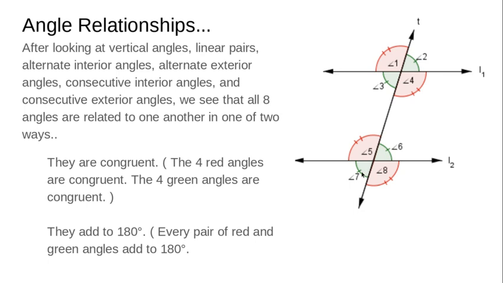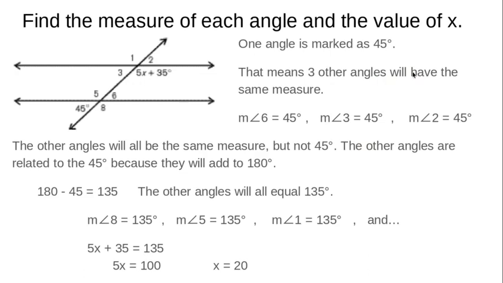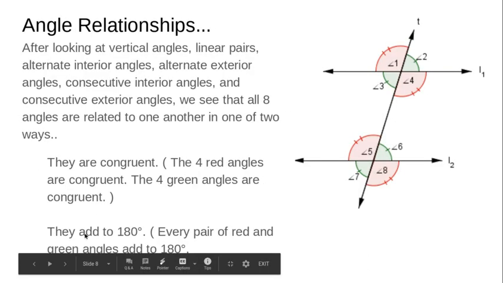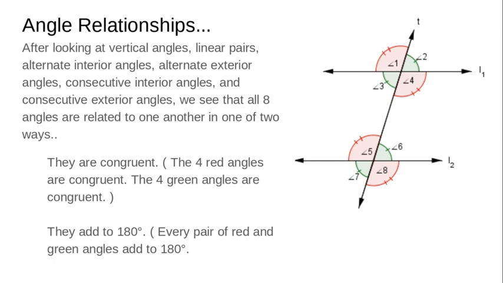Consecutive exterior 1 and 7, they're going to add up to 180. 2 and 8, they're going to add up to 180. So every time we end up with two possible outcomes, either they're the same or they add up to 180. Those are the only choices you have for how all those angles relate to one another.